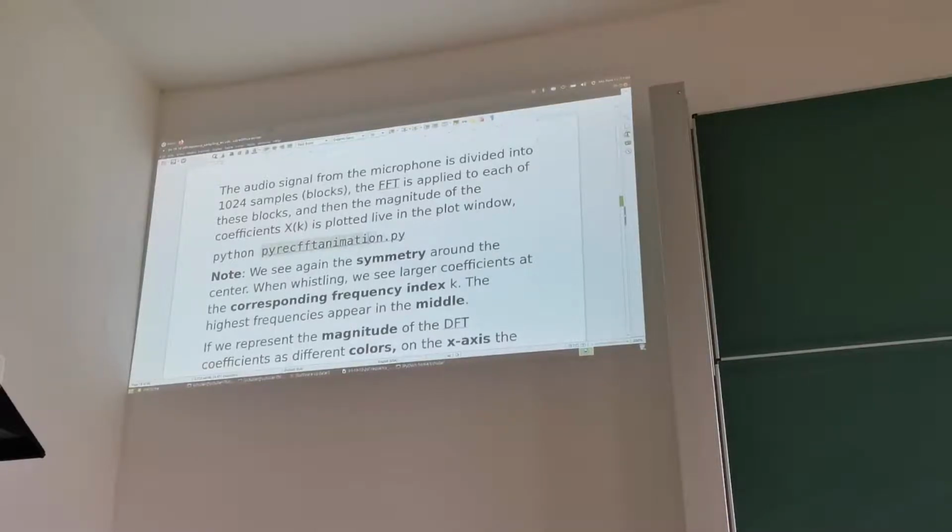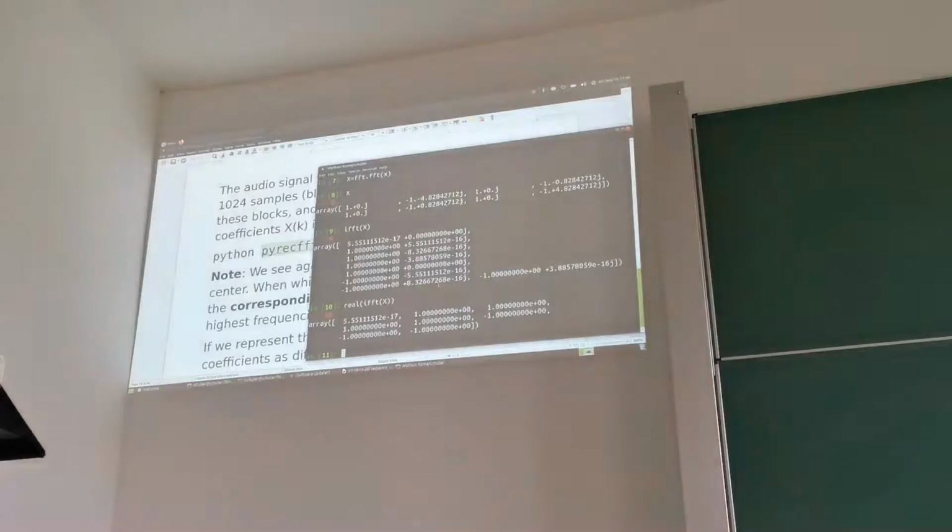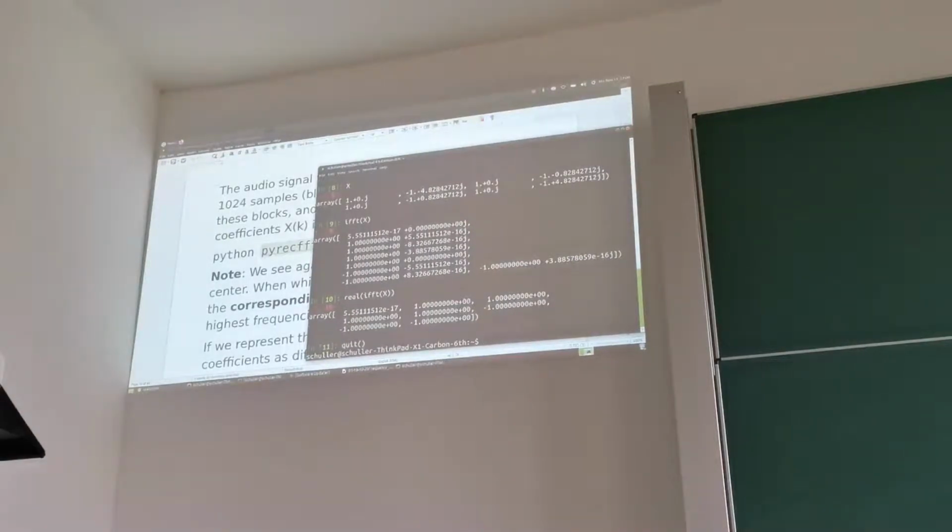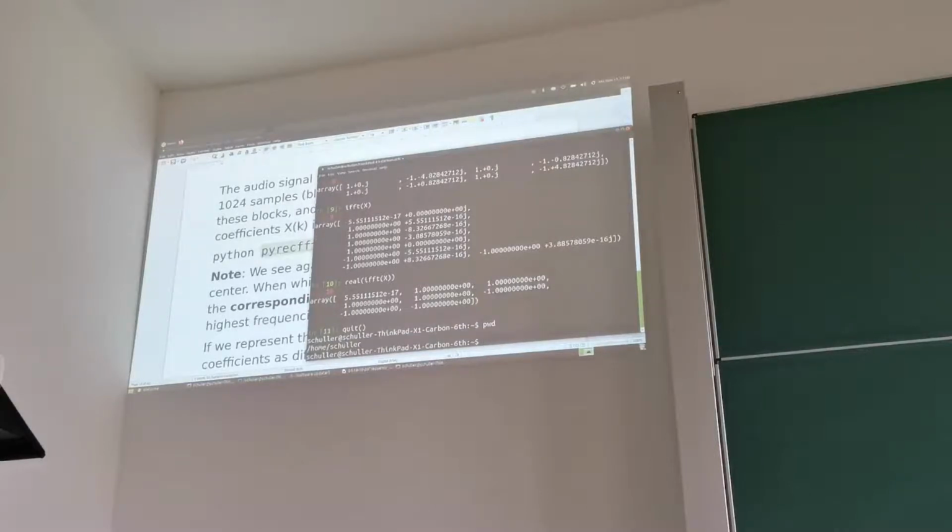So now we can plot, but let me first open it in the editor. Copy. And quit, so this is how I quit it, like a function.